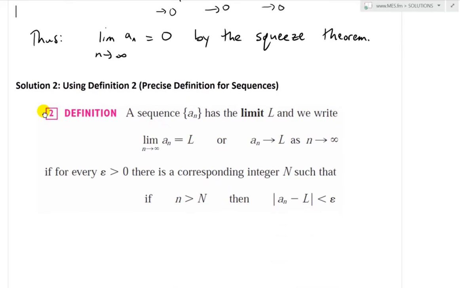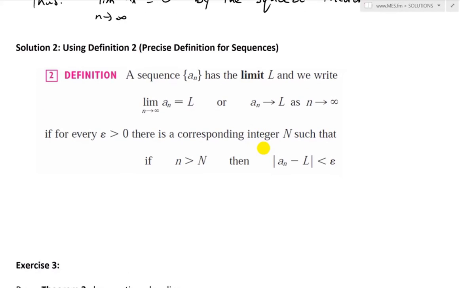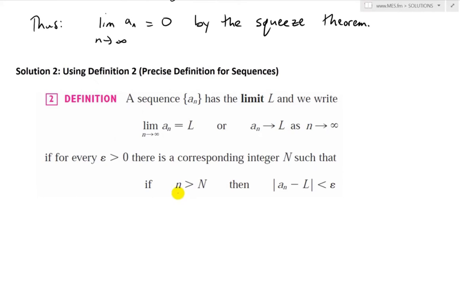So we have here the definition of the limit of a sequence: we write the limit as n approaches infinity of a_n equals L, or a_n approaches L as n approaches infinity, if for every epsilon greater than 0 there's a corresponding integer capital N such that if all integers n greater than N, then the absolute value of a_n minus L is less than epsilon.